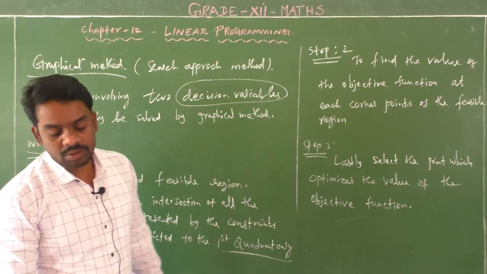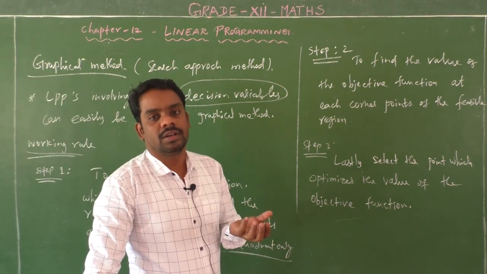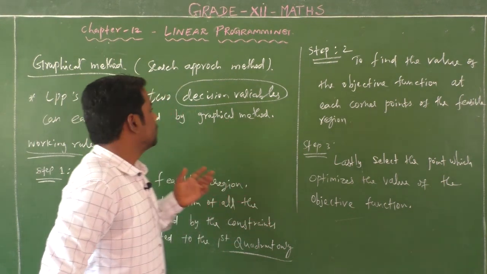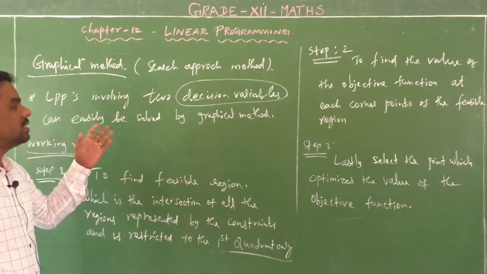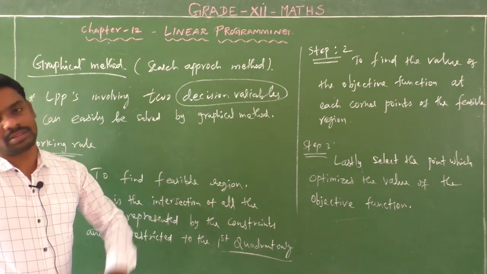So two decision variable இருக்கக்கூடிய ஒரு LPP problems நமக்கு கொடுத்தாங்க அப்படின்னா நம்ம இந்த graphical method யூஸ் பண்ணா ரொம்ப ஈஸியா இருக்கும் அப்படி சொல்லி இருக்காங்க.